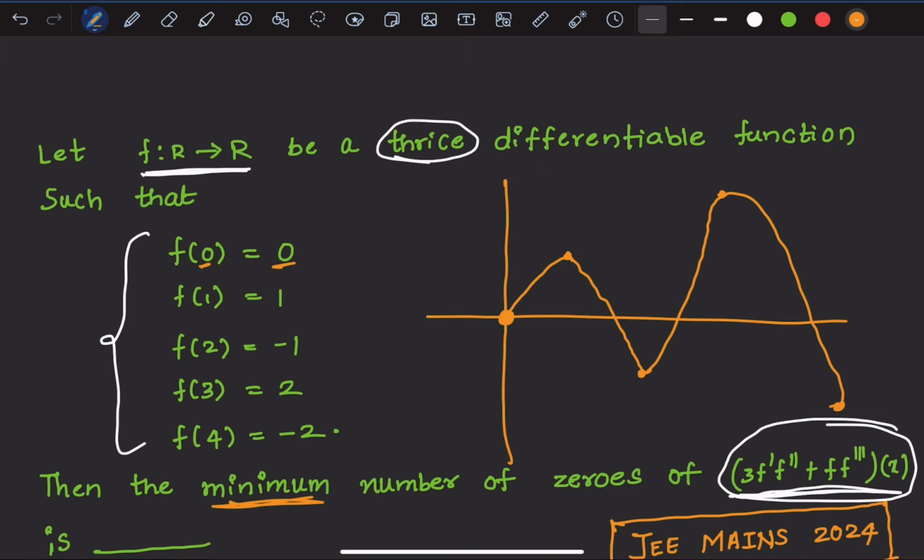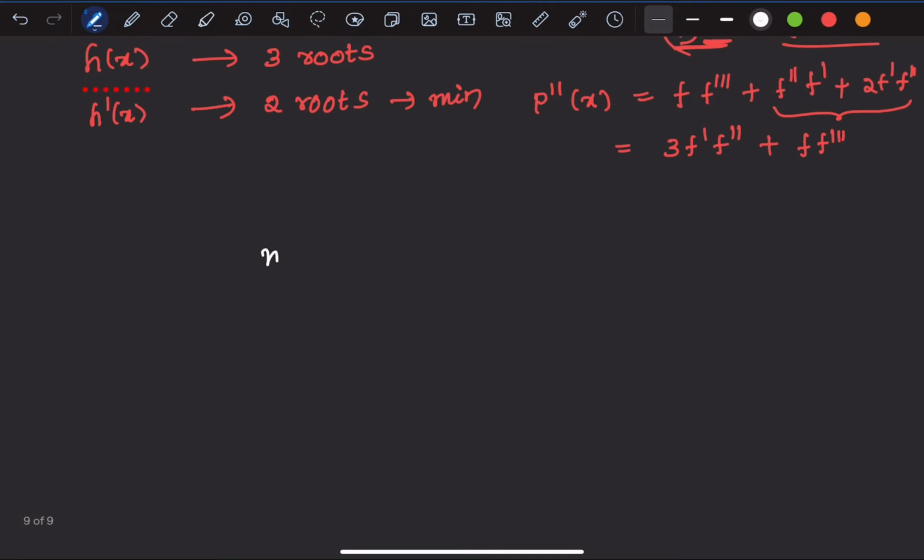So the minimum number of zeros that f of x can have is 1, 2, 3, and 4. Alright. So the minimum number of zeros f of x can have is 4.